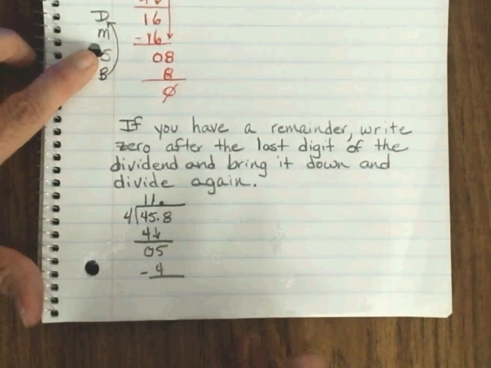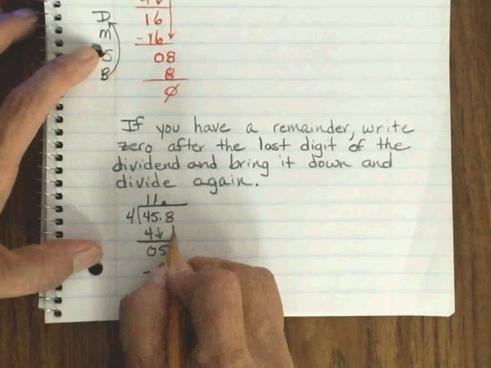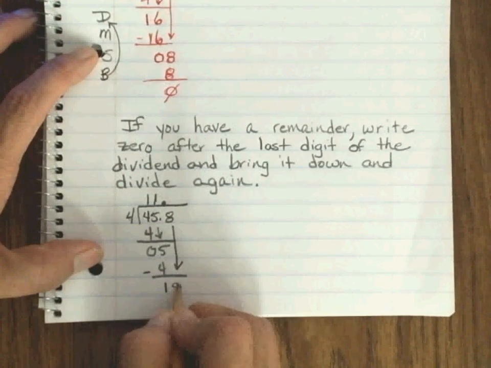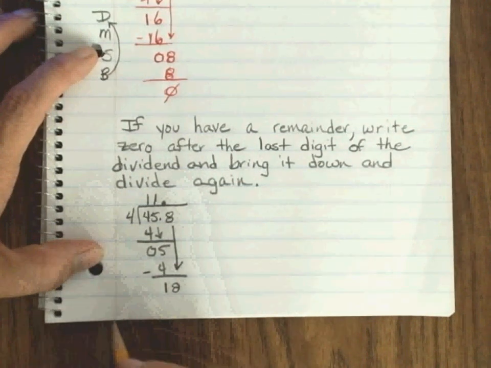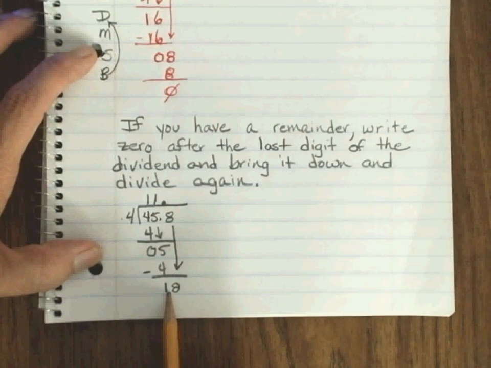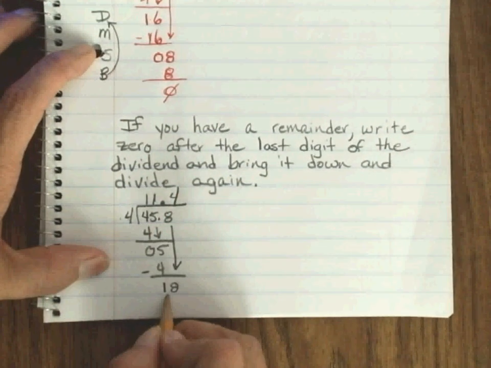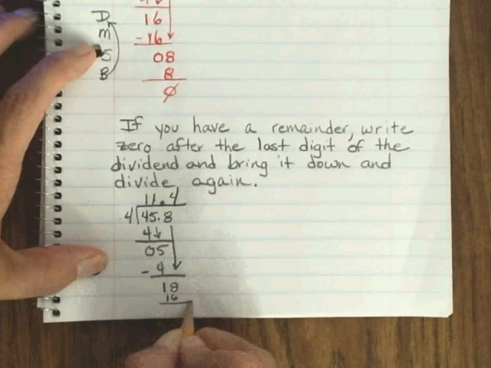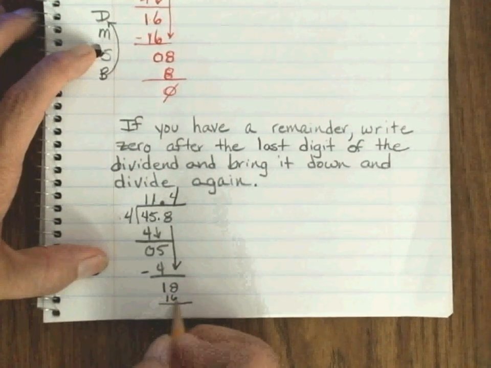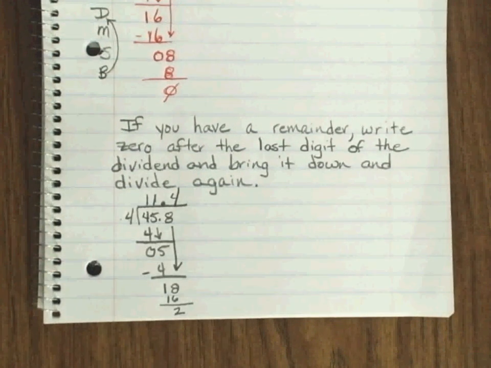Now I'm at subtract again. 5 minus 4 is 1. And then bring down the 8. I've got to ask myself how many groups of 4 will fit into 18. Well, that's going to be 4. So 4 times 4 is 16. 18 minus 16, oh, I have a remainder. I have a remainder of 2.